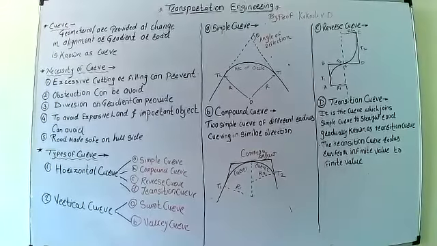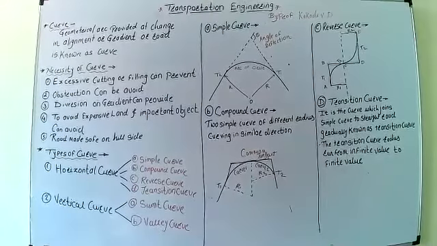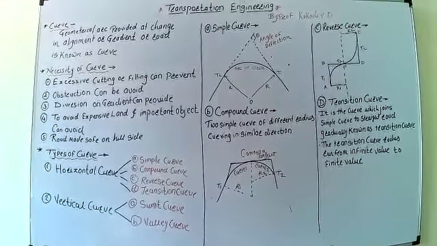So what is meant by a simple curve? A simple curve is a simple arc. First of all, what is a horizontal curve? Horizontal curves are provided at a turning point in the horizontal plane alignment.